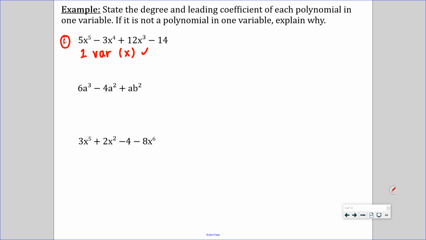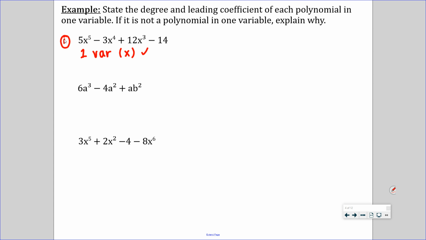That's your first criteria in order for it to be a polynomial. Second, are my exponents positive integers, meaning whole numbers? Yes, there are no negative exponents and no fractions. Are all my coefficients real numbers? Yes, they are real numbers, no i's.